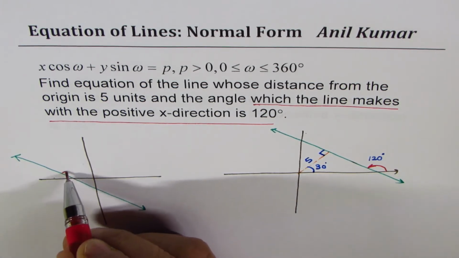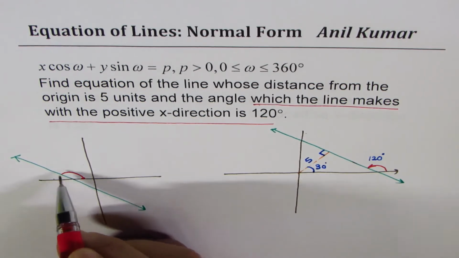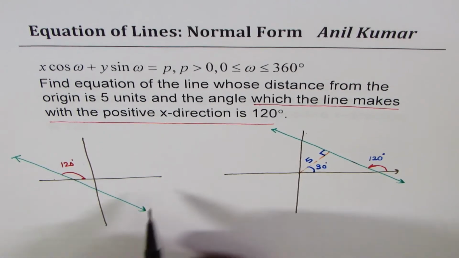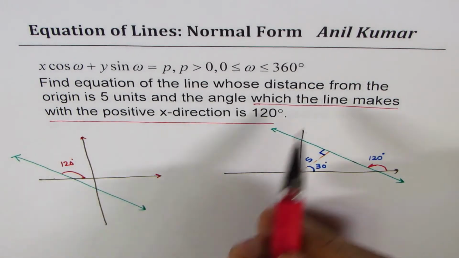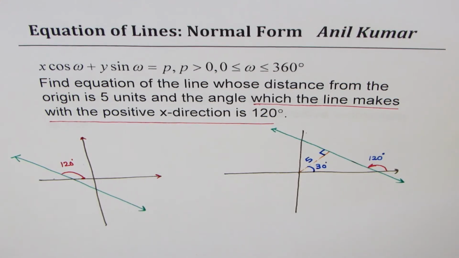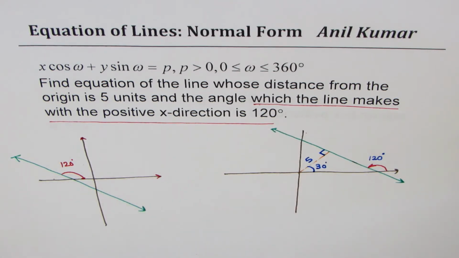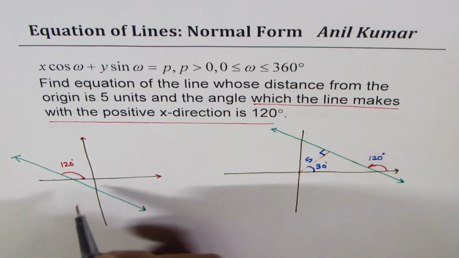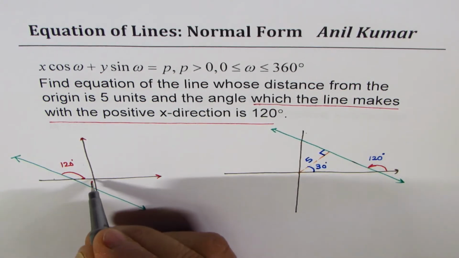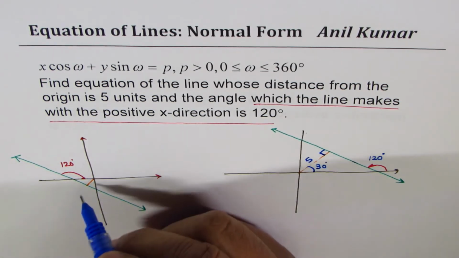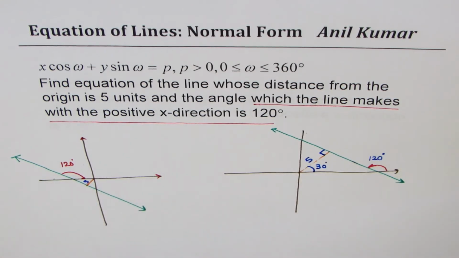In this case, the line still makes 120 degrees with the positive x-axis, right? So sometimes with a given description, you have to be very careful to see where the line is. With the given information, it could be either of these positions, and what we are given is that the distance is 5 units. These drawings are not to scale, they're just to explain the concept.